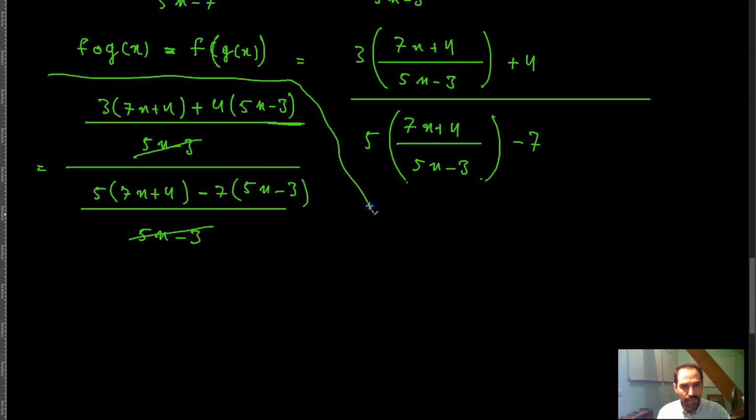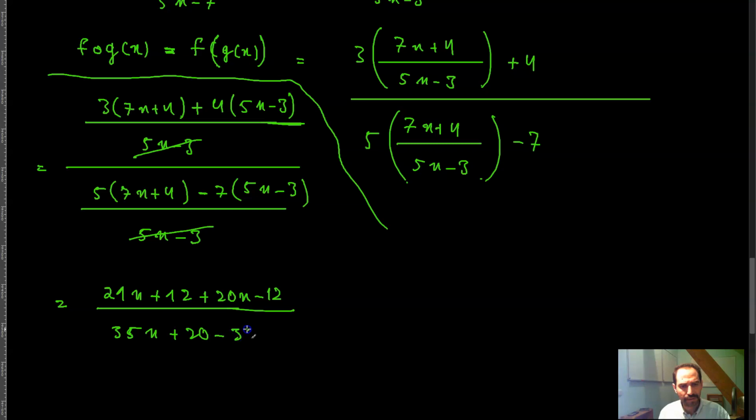And so you will have 21x plus 12 plus 20x minus 12 over 35x plus 20 minus 35x plus 21, and these two will be cancelled out. That is equal to 20x plus 21x is equal to 41x, and 20 plus 21 is equal to 41, that's equal to x.